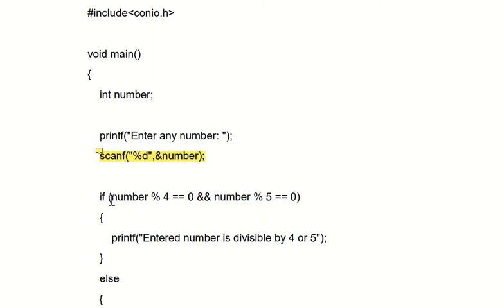So first of all, the first condition as per our reference number 40: 40 mod 4, we will get remainder 0. So it means the condition is true. After that we have one more condition, that is 40 mod 5. Again 40 divided by 5, we will get remainder 0.